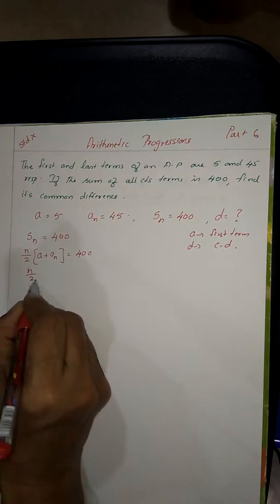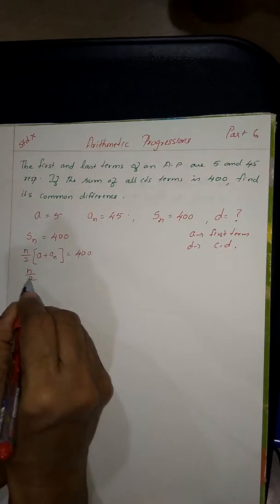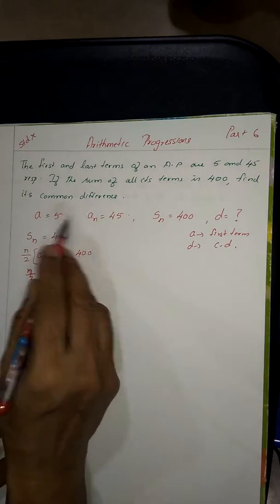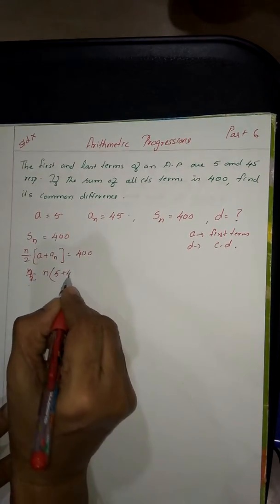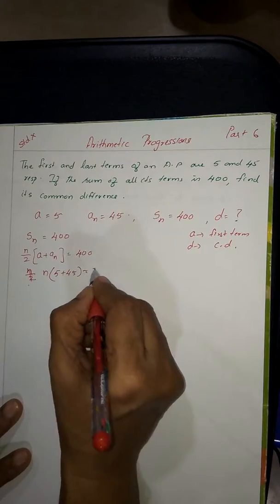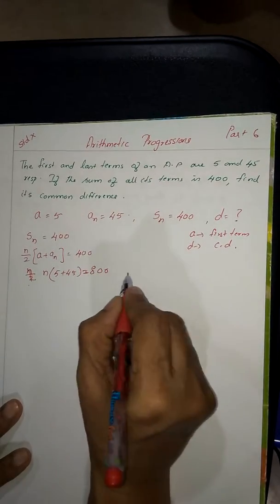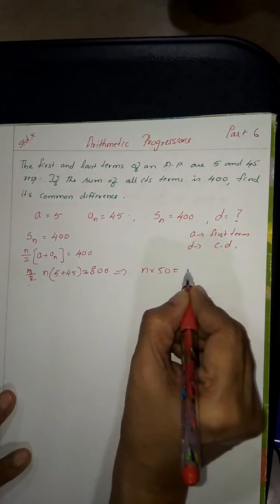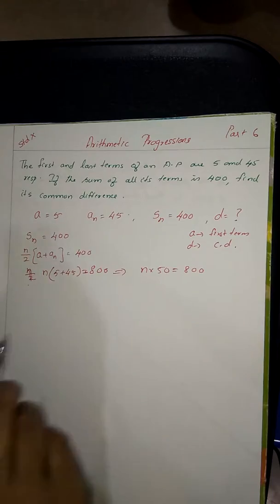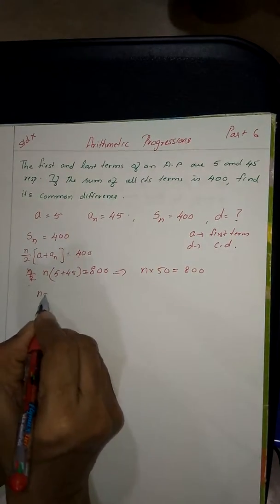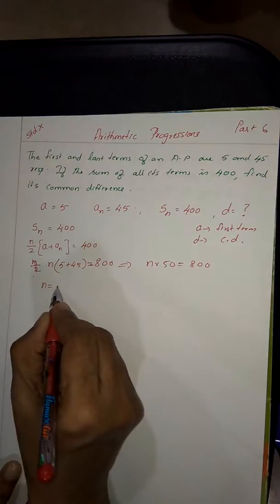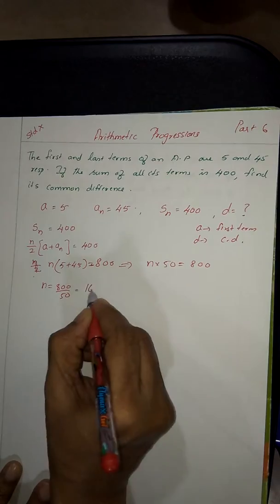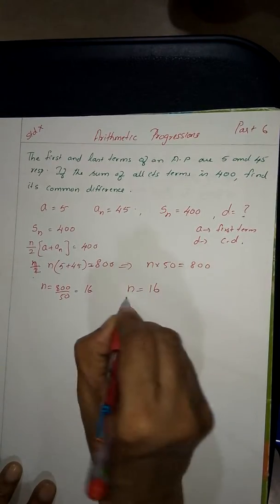So the 2 will go here, and we will write n into (A is 5 and An is 45) is equal to 800. So n into 50 is equal to 800. 800 by 50 is equal to 16. So we get n is equal to 16.